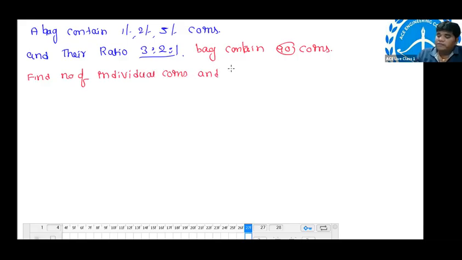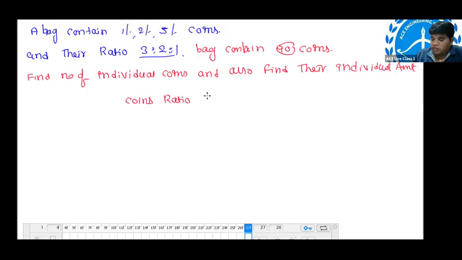Find the number of individual coins and also find their individual amounts. So the coins ratio is 3:2:1 and total coins are 90. The total coins and the coins ratio are both given.